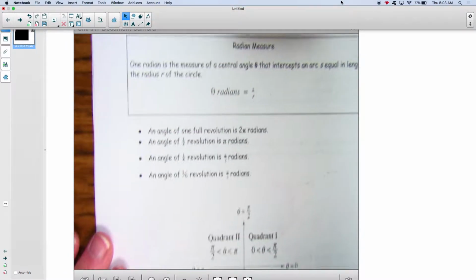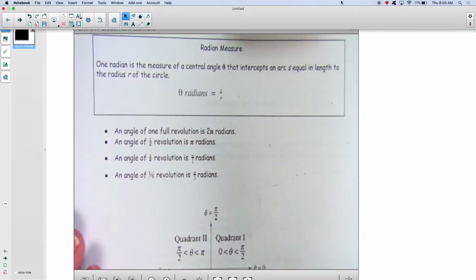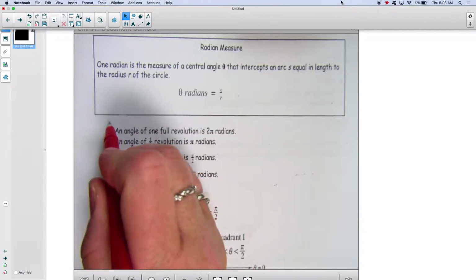One radian is the measure of a central angle theta that intercepts an arc S equal in length to the radius of the circle. So theta in radians is S divided by R. An angle of 1 revolution is 2 pi radians.